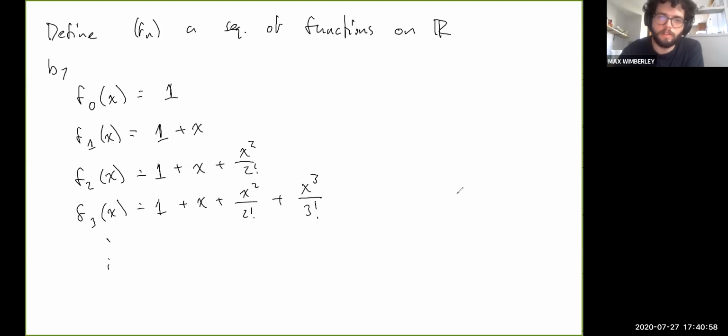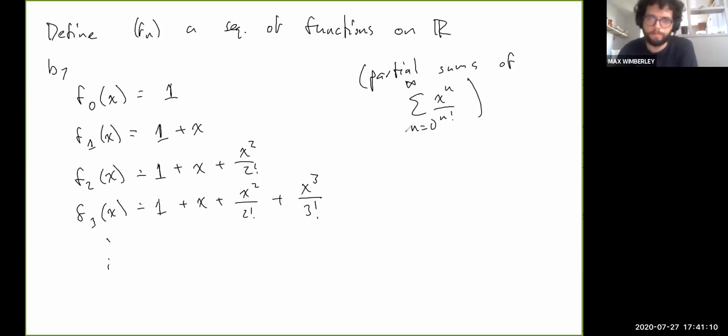And so on. So these are the partial sums of the series from n equals 0 to infinity of x to the n over n factorial, right?